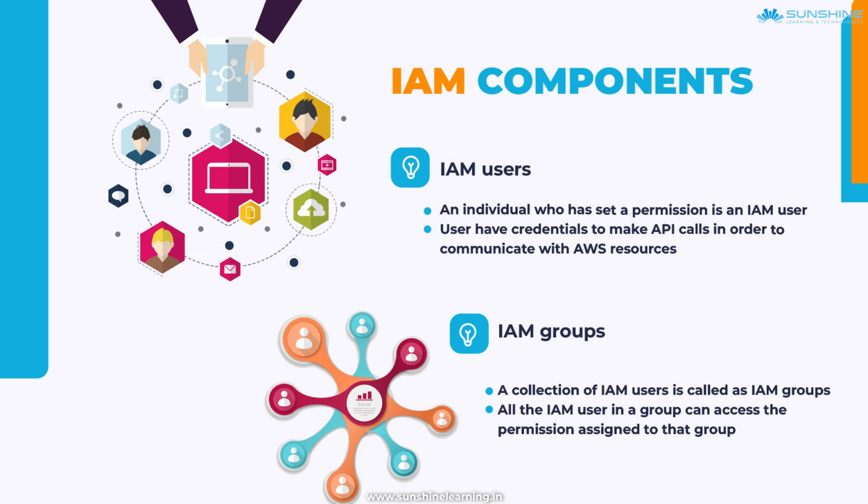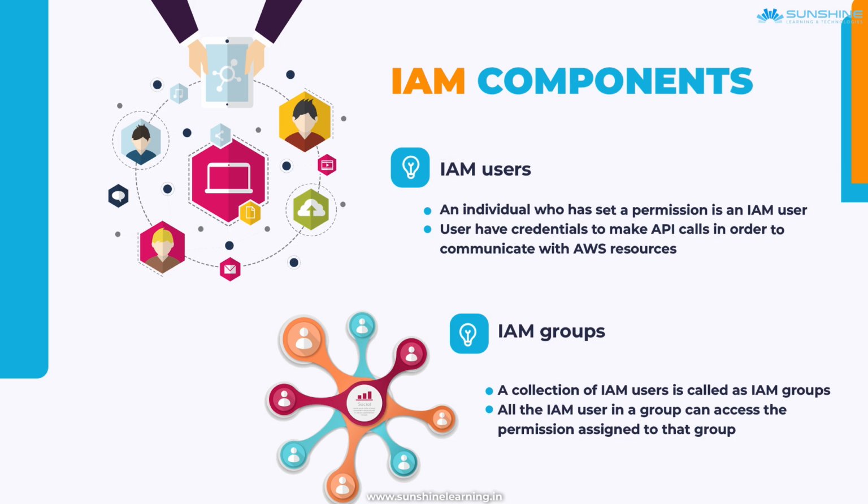IAM groups. It is the collection of IAM users. For example, an IAM user is a single entity, a user who is going to work on the AWS account. An IAM group is the collection of the users. Let's say on a particular AWS account, I have to add 100 users and give the same permissions to all 100 users.